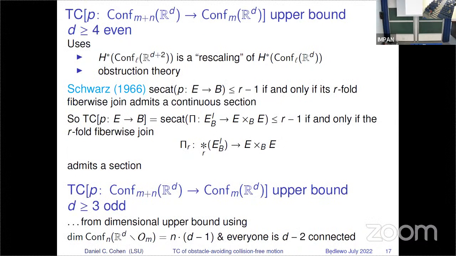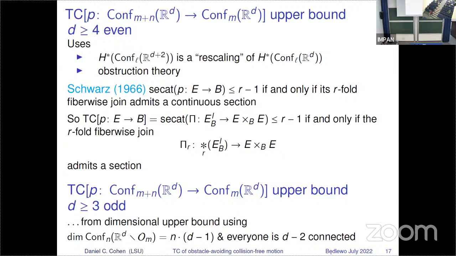Briefly, for motions in space or in higher dimensions, higher even dimensions, the spatial problem is easy. That's on the bottom here. You can get a quick dimensional upper bound, essentially from considerations that we've already discussed, plus one more observation.